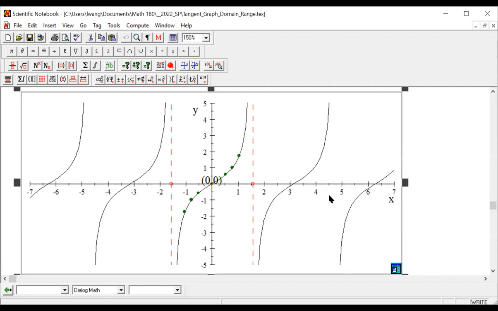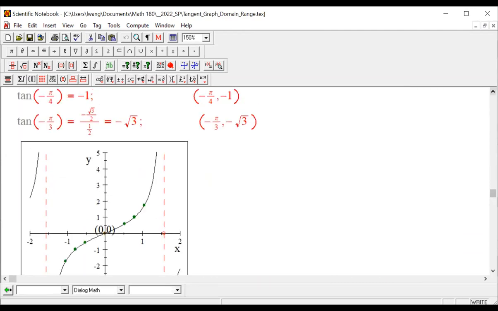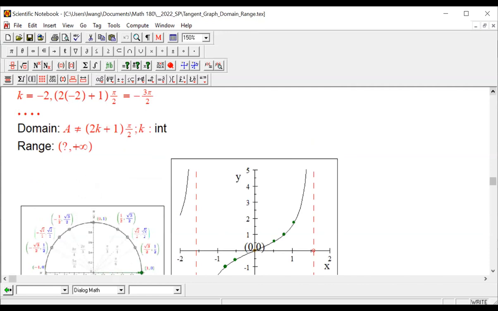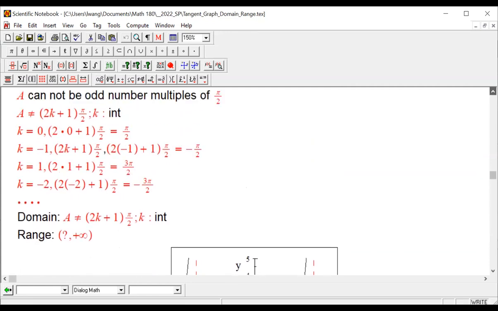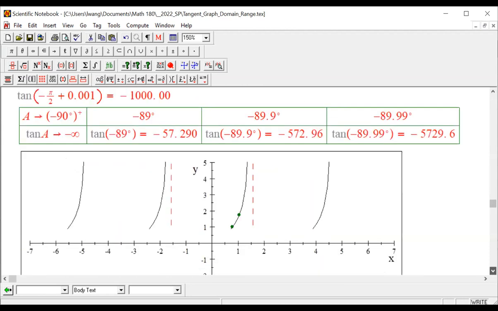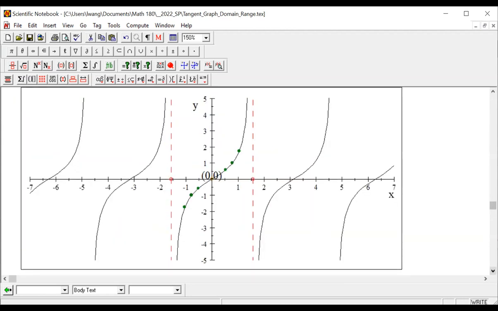And what are those vertical asymptotes? Well, they are dictated by what? In the domain analysis, all of these are vertical asymptotes. Okay, so we got the curve. So we have lots of vertical asymptotes.